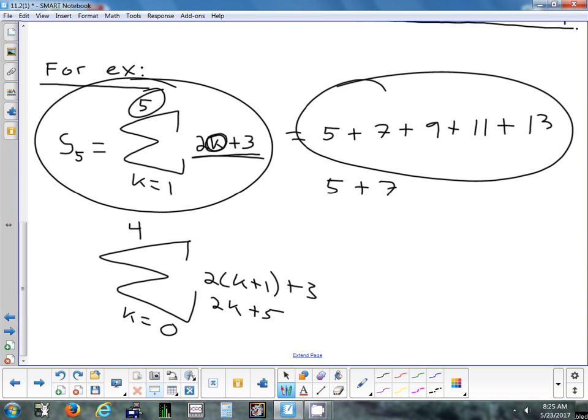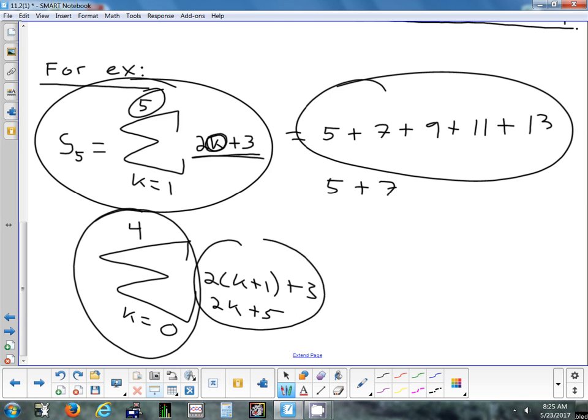So what this is called is re-indexing a summation. And the idea is, in this part, you have to balance it with that part. So if you make a number smaller in this part, you have to make it bigger in the part on the right by exactly the same amount.